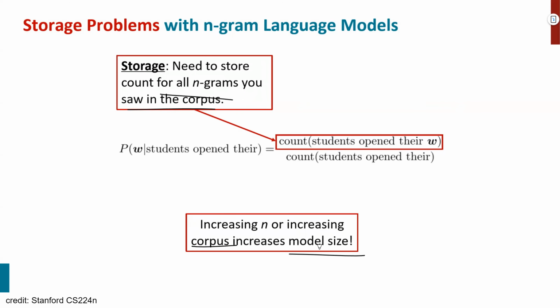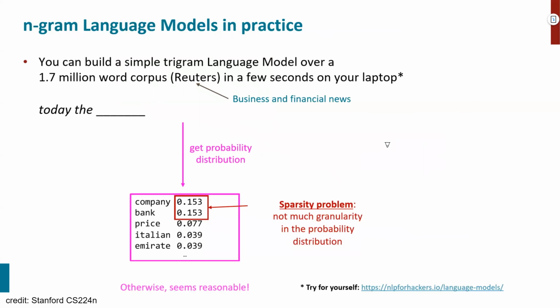And to be more accurate, we need to increase the corpus size as well as the number of contexts. However, before deep learning, n-gram models were actively used in NLP, natural language processing research.